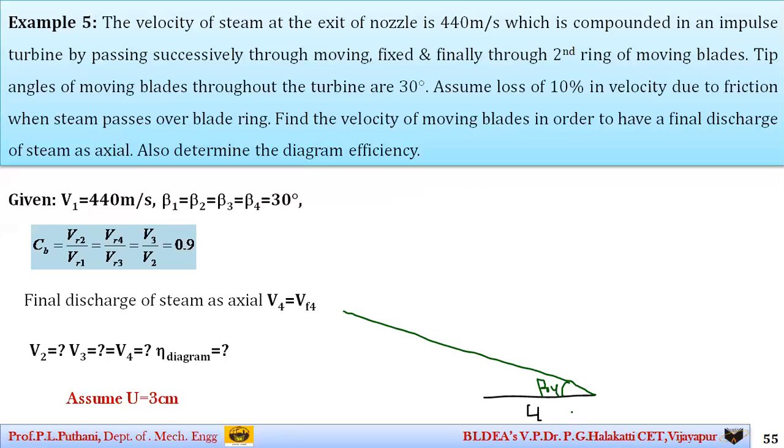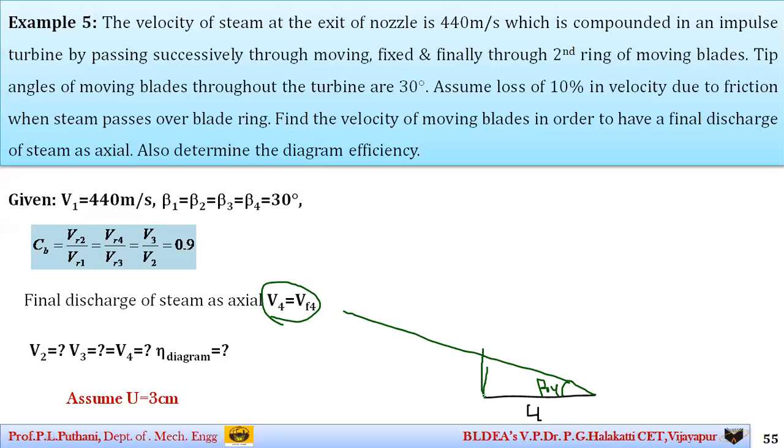But I don't know the length of VR4. Another condition given in the question is that V4 is equal to VF4. The final discharge is axial in nature, that is V4 is equal to VF4. From the other side here, I will draw a vertical line.